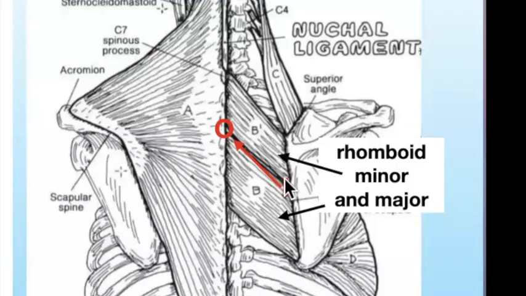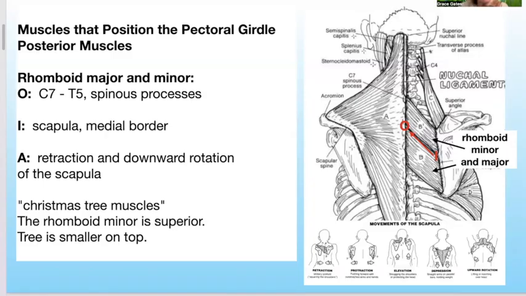These are sometimes called the Christmas tree muscles because they slant from medial to lateral downward like a little Christmas tree. And the smaller branches of a Christmas tree are always on top, and the rhomboid minor is superior to the rhomboid major. So hopefully you can think of the rhomboid muscles as a little Christmas tree and help you remember that the rhomboid minor is superior.